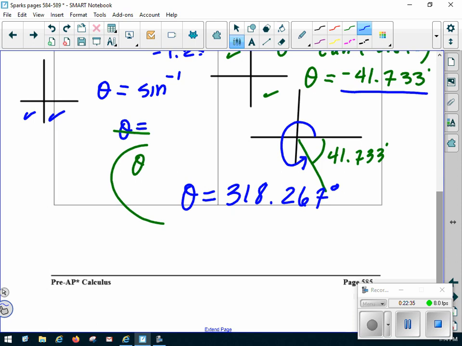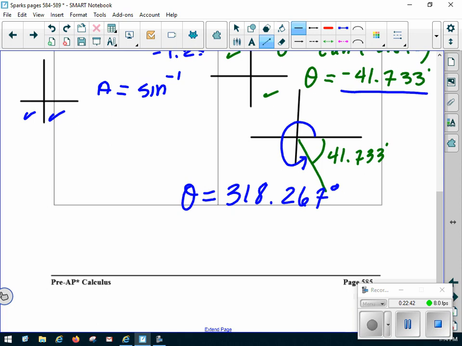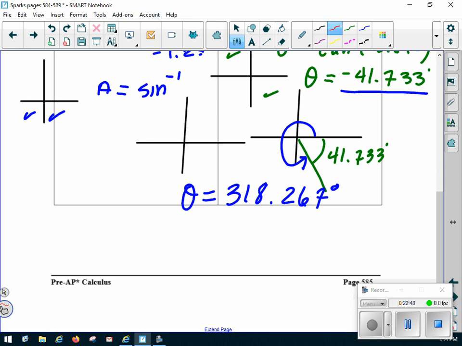How are you going to find the angle in quadrant 2? It's going to have something to do with 180, you betcha. Quadrant 2, what's the reference angle? 41.733.